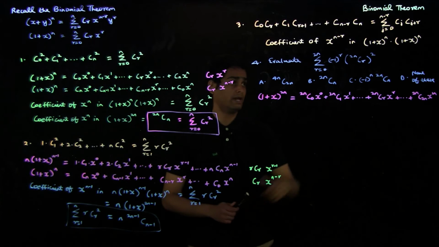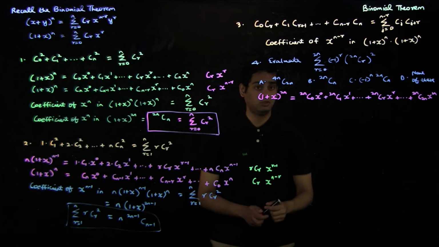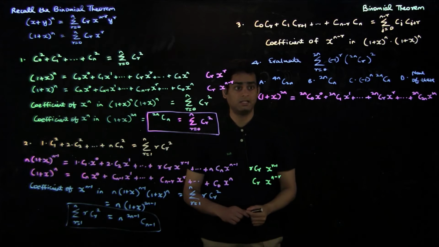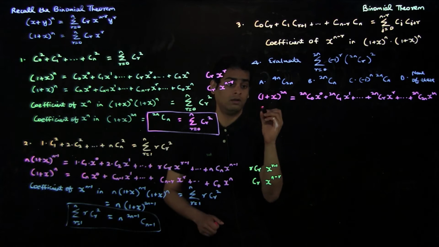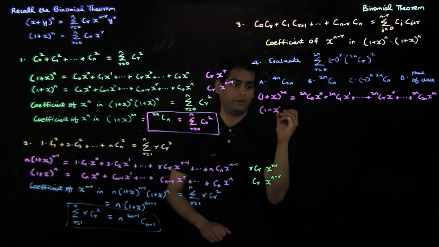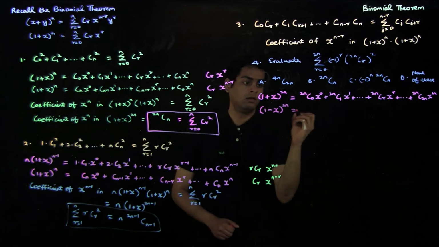To get minus 1 power r times 2n cr, we realize that we've got to look at the expansion of 1 minus x the whole power 2n. And so let's write out an expansion of 1 minus x the whole power 2n.